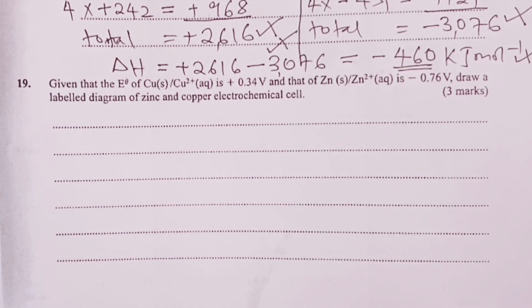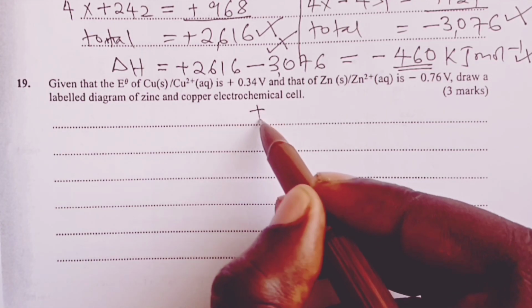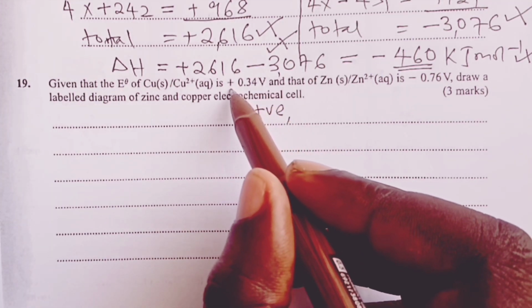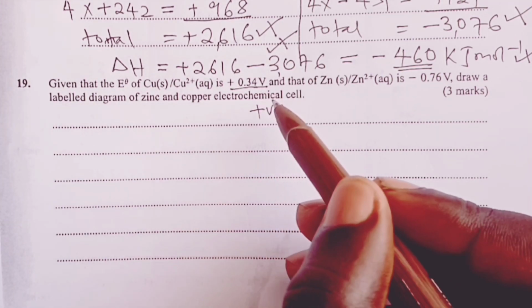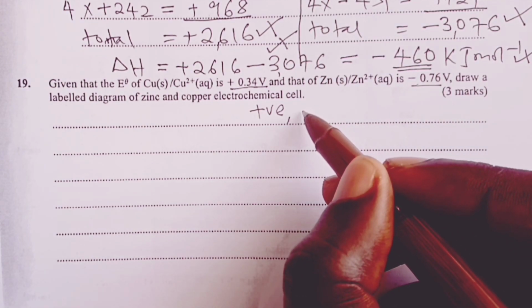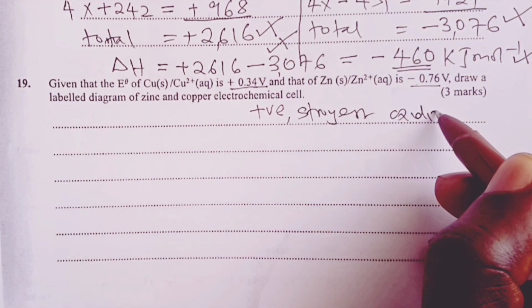So here we've always agreed more than once that the half cell with the most positive E naught, this time it is copper, most positive compared to that of zinc, becomes our strongest oxidizing agent.